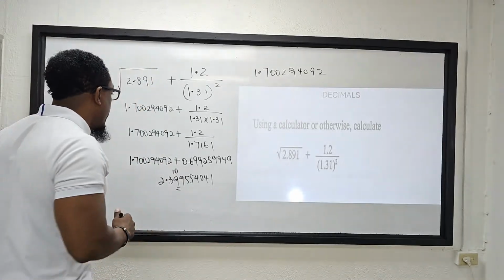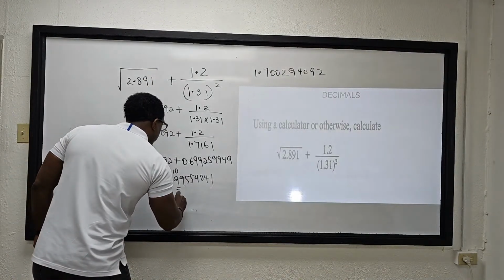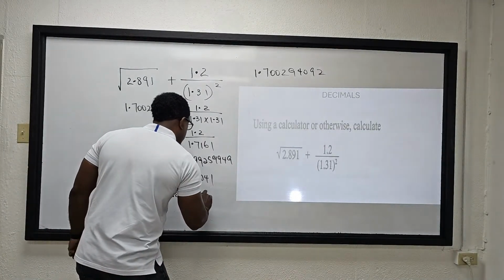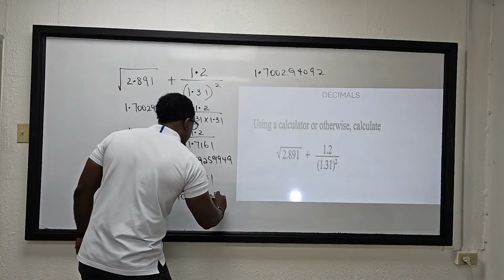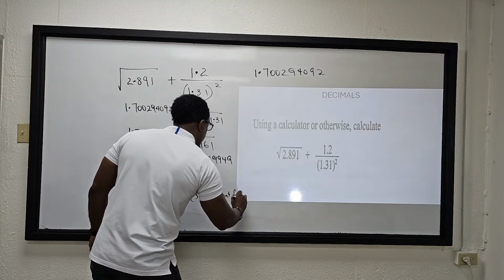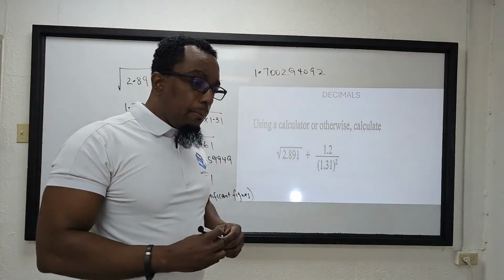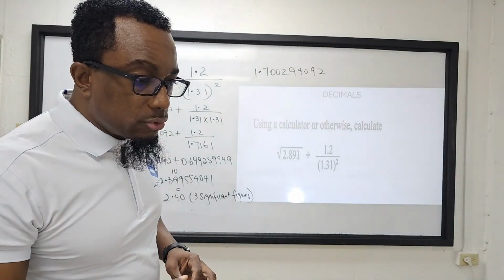So this will become 2.40, and I'll put in brackets, 3 significant figures, so we'll be aware that is what we approximated it to.